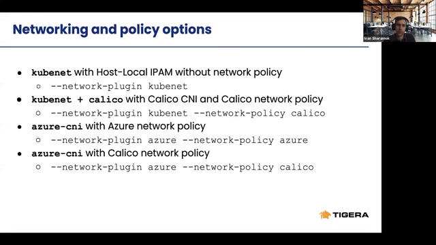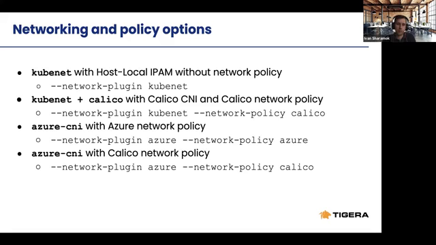The default option when you build the cluster and just specify the network plugin kubenet gives you a host-local IPAM without any policy installed in the cluster. If you want your cluster to support policy, then you would use kubenet with network policy Calico, or if you want Azure network policy, you can use network plugin Azure and network policy Azure, and you can also use Calico for that option as well.